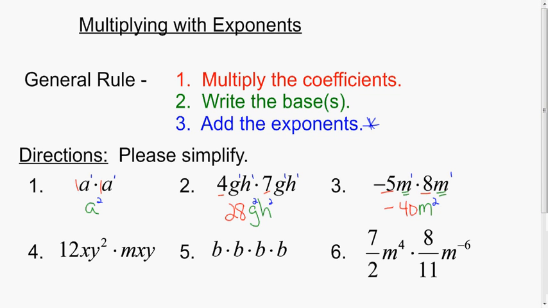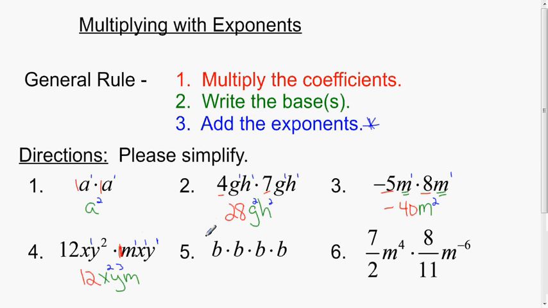Continuing on to the next example, we see that the coefficients here are 12 and 1. We'll multiply them, and we're going to get 12. Then we're going to write our bases, which are x, y, and m. And then I will add my exponents, which are going to give me 1 and 1 for the x is 2, 2 and 1 for the y is 3, and then the m, there's only one m, so it has an exponent of 1.